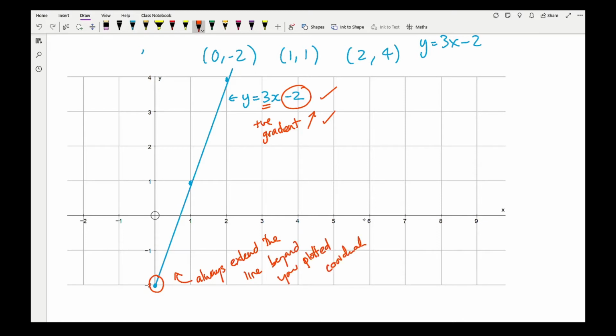What I mean by that is if I had 3 points here, I'm not just going to join those 3 dots. What I'm going to do is take that line and make it a lot bigger, so it goes beyond those 3 points. And you definitely want to draw your line so that it crosses both axes if it's possible on your diagram. Obviously you don't want to go into another classroom or another bedroom, wherever you are.